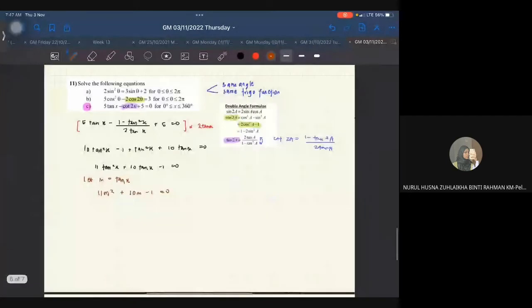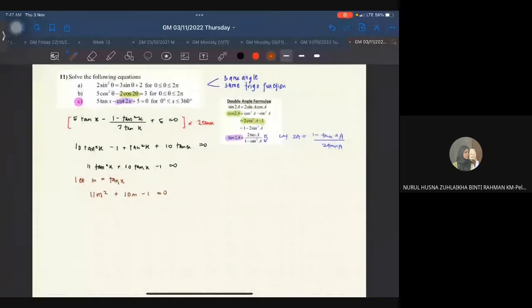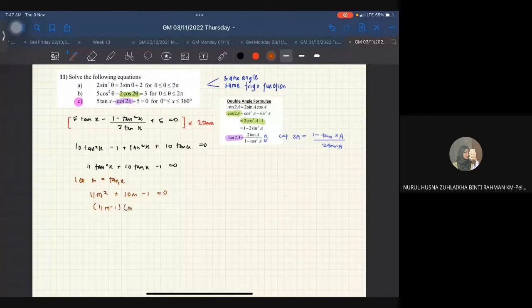Ini tekan je calculator untuk dapatkan nilai dia. So you will get a factor of 11m minus 1 multiply with m plus 1 equals to 0. So m.